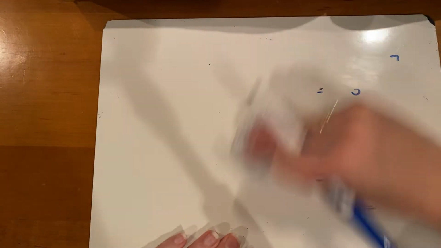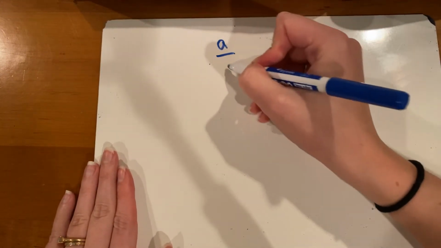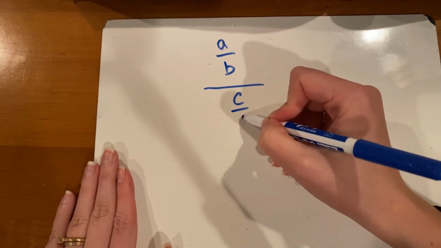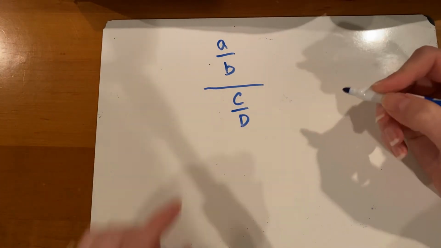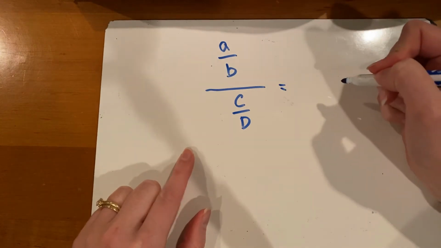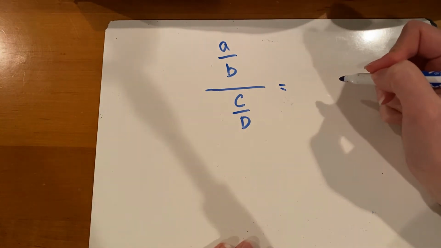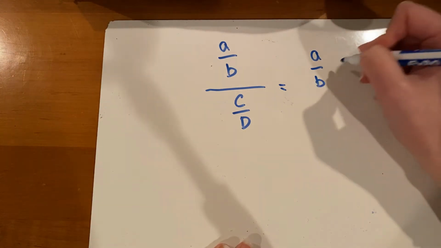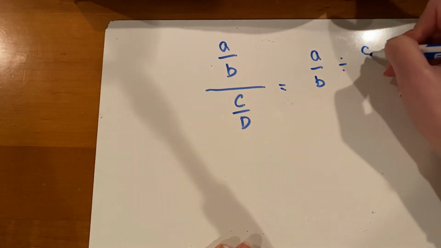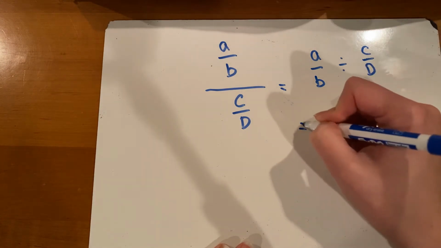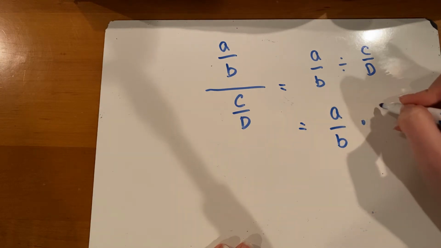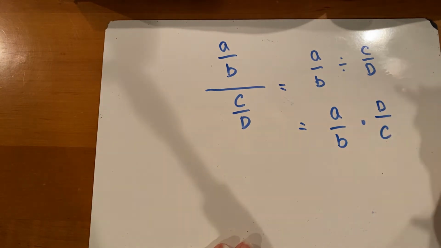And then if we look at the algebraic way as they break it down in your book, they give you the fraction a over b divided by the fraction c over d. And they go through the same process. This is really just a division problem, even though we have the division bar instead of the normal division sign. So a over b divided by c over d, multiply by the reciprocal, a over b times d over c.